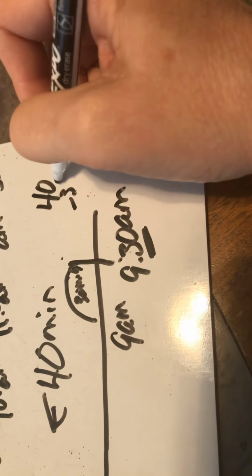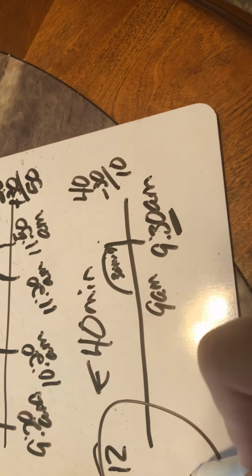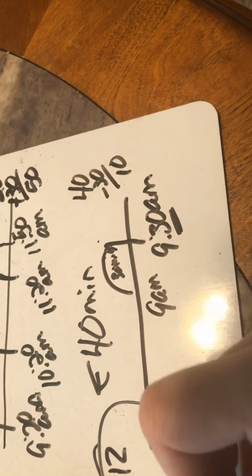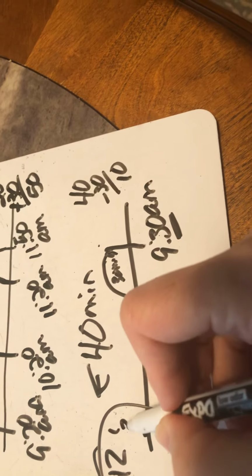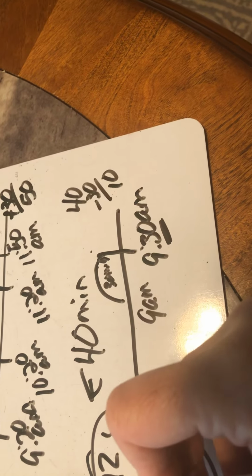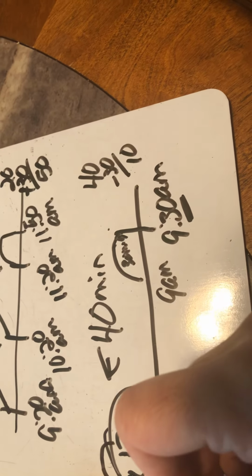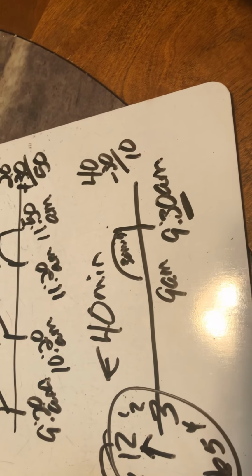40, I've already done my 30. I have 10 minutes left. What would be 10 minutes before 9 a.m.? Well, if you had your clock, okay, if we're starting here and we want to go back 10 minutes, 5:10.